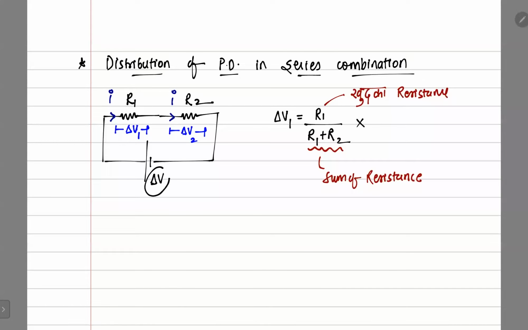What was the supply? The supply was delta V.